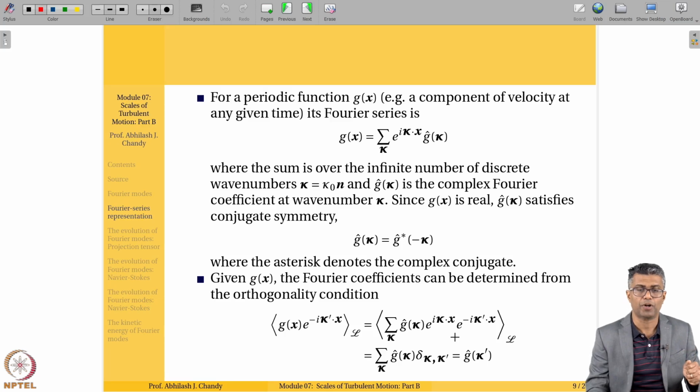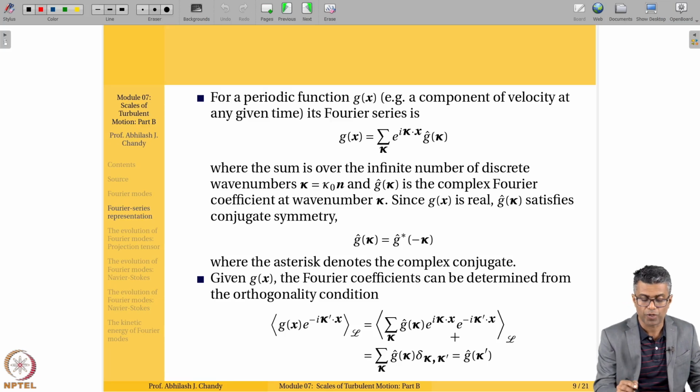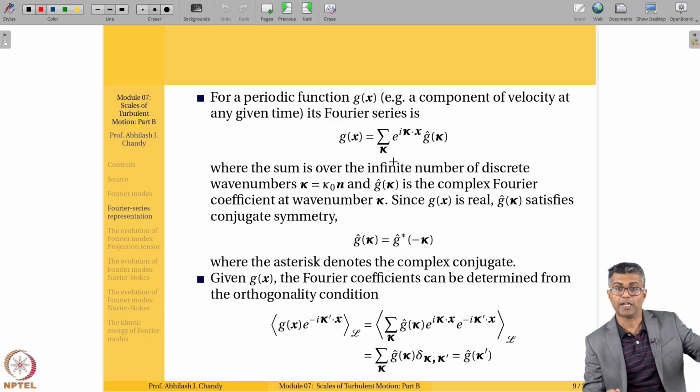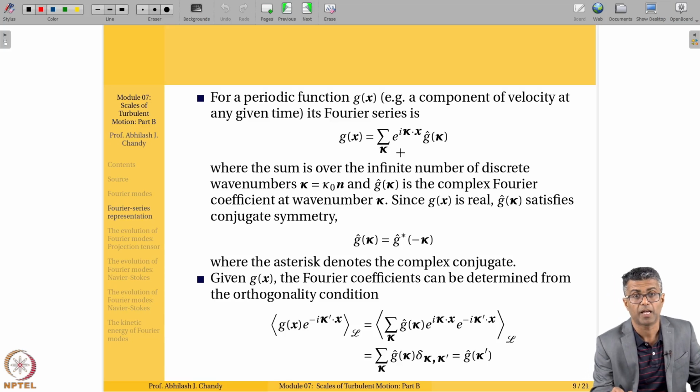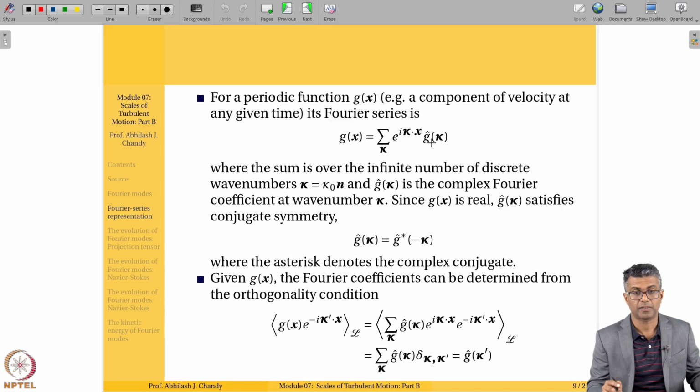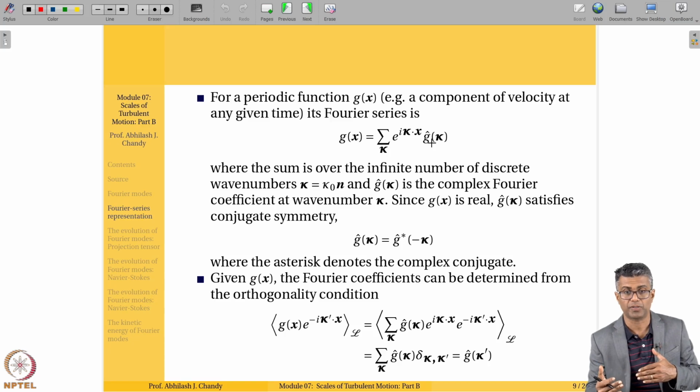Now, with that as the definition, let's define a Fourier series for any periodic function g of x. Its Fourier series is given by this. G of x is just like I had defined earlier, isn't it? A summation over all kappa vectors, e to the i kappa dot x, g hat of kappa. And the sum is over the infinite. See, there is no limit for the kappa vectors, right?